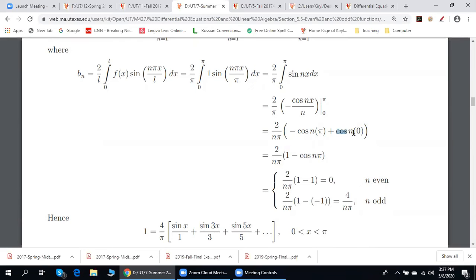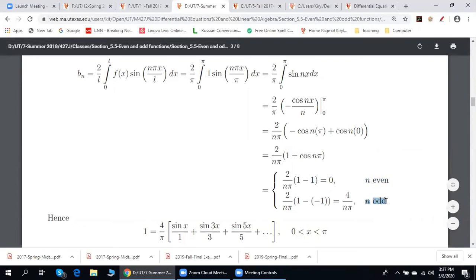Note that cosine of 0 is 1, and according to our previous discussion, cosine of n pi is either positive 1 or negative 1. If n is even, it's 1. If n is odd, it's negative 1.